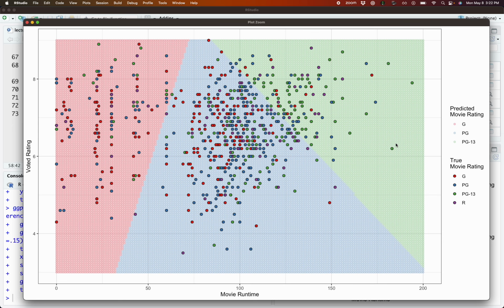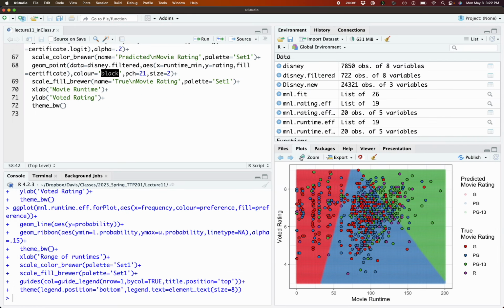Our average runtime was 88 minutes, so fixing runtime at 88, it's blue, blue, blue, all the way until I get here, and then it changes to green.